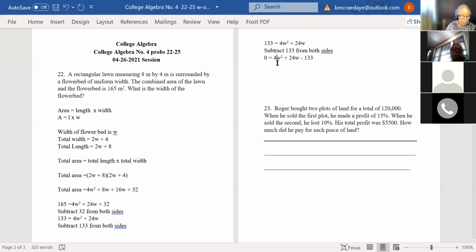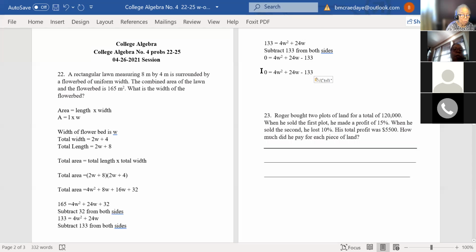Now, well, let me just change this. It's the same thing, but I want to put it to 0 on the right side. That's the way it's normally done. Okay. So let's just put that equal to 0.